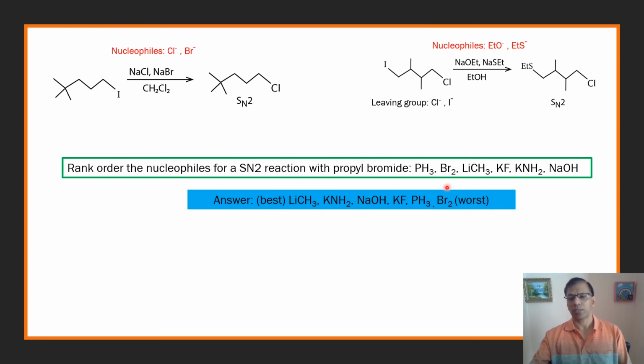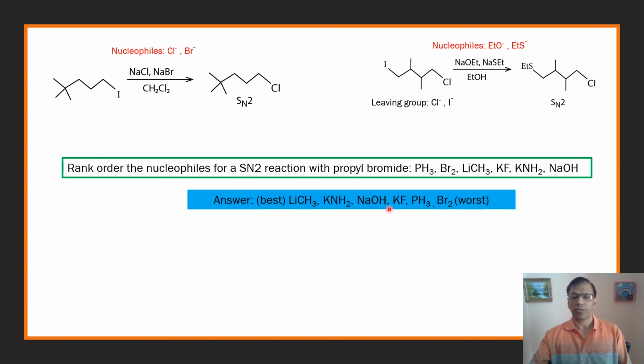So always remember that neutral molecules are the worst. In this case, bromine is the worst. Phosphine is better than bromine because it has a lone pair of electrons on phosphorus, and so it can donate those lone pair of electrons and act like a nucleophile.